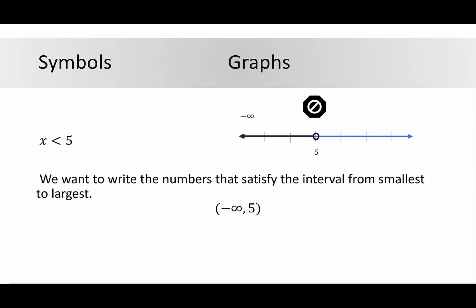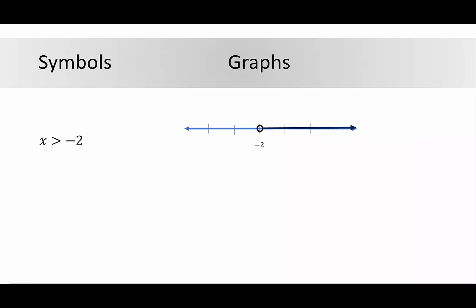Anytime we write an interval, we're going to go from the smallest number to the largest number, and then we'll change the end as either being a parenthesis or bracket depending on the type of inequality we're given. In this inequality, we have x is greater than negative 2. In the graph, we see an open circle at negative 2, and then everything is shaded on the right.